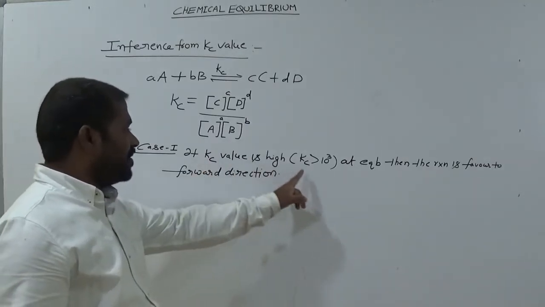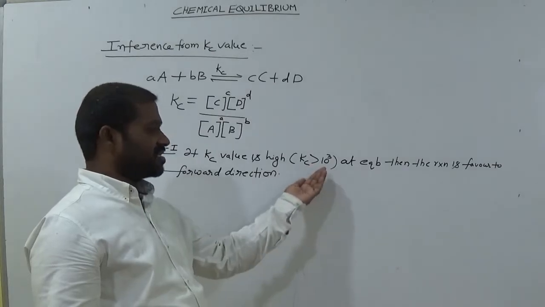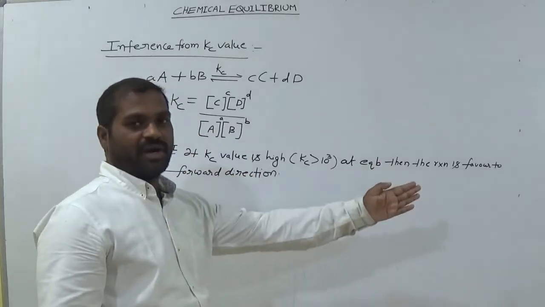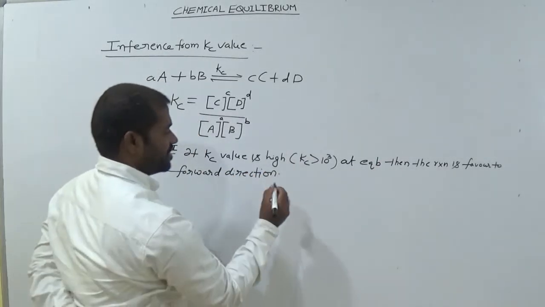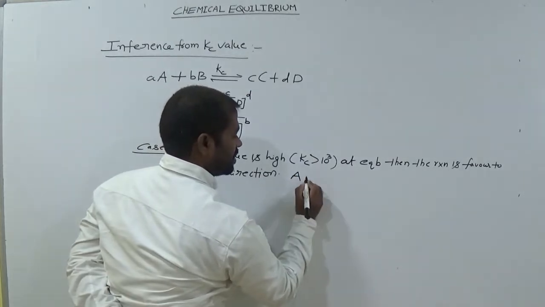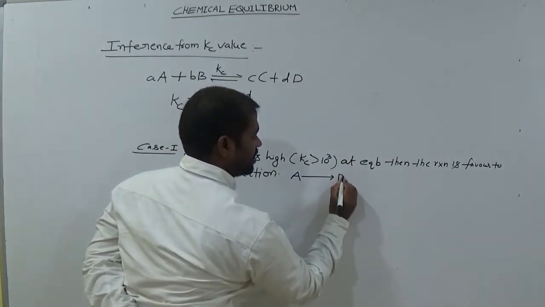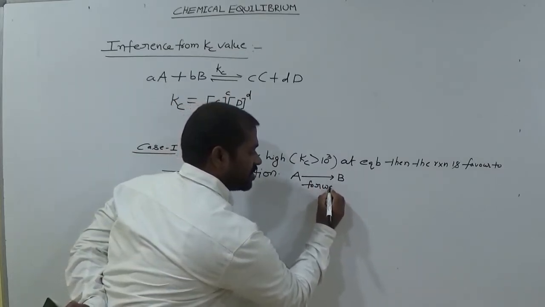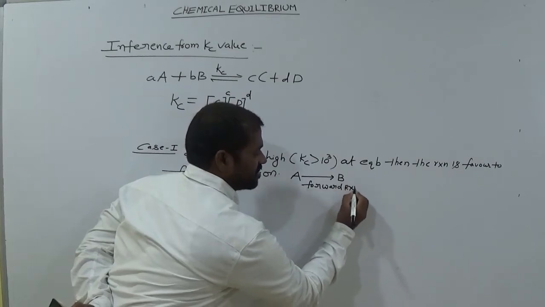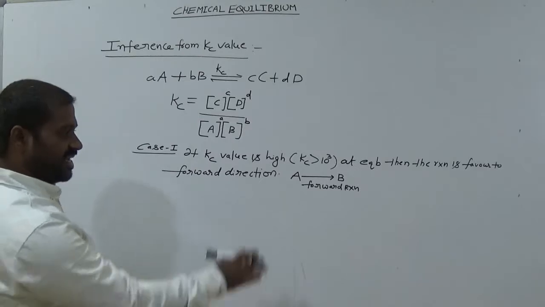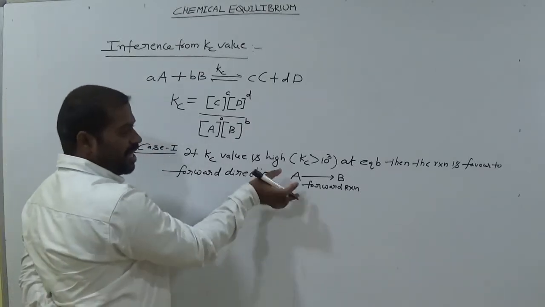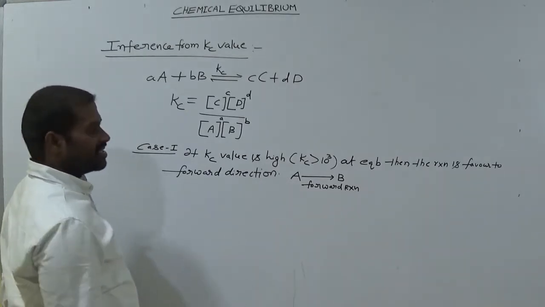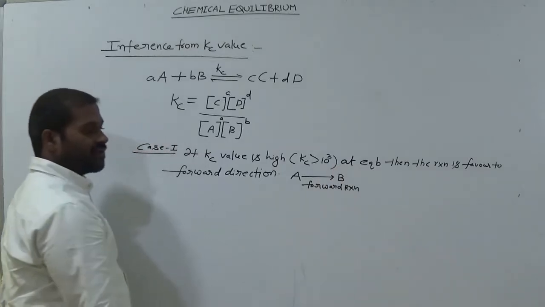So if the Kc value is more than 1000, then the equilibrium favors proceeding in the forward direction. That means A to B. So the forward reaction takes place. When the value of Kc is more than 1000, in this case the reaction favors the forward direction.